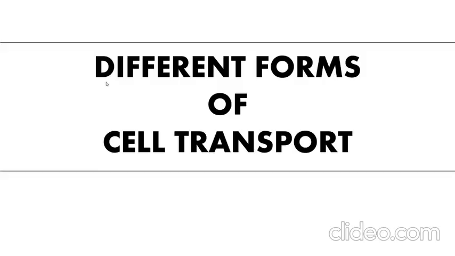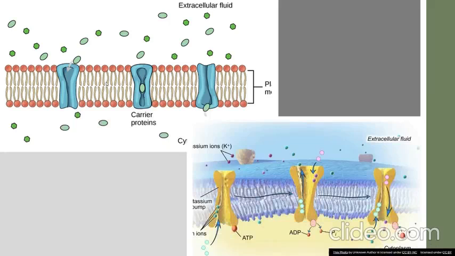Now, we can see the different forms of cell transportation. The cell keeps itself alive and exchanges materials with its environment and communicates with other cells through the membrane, thanks to two types of transport, passive and active. In passive transport, the cells do not waste energy, ATP.